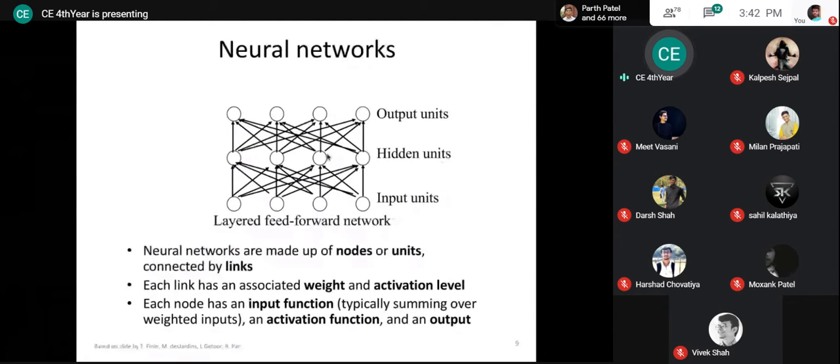Let's assume the simplest possible diagram, where we have 4 neurons in the input, 4 neurons in the hidden layer, and 4 neurons in the output layer, and all are connected with some weight to all the other neurons of the next layer. So this is a fully connected architecture, and it is also referred to as a feed forward network. We are feeding this particular data to the next layer, or the forward layer.